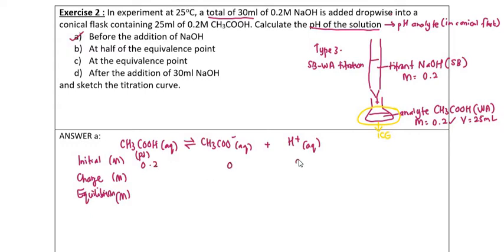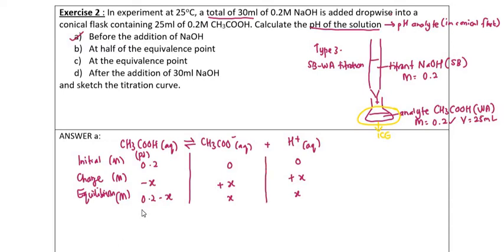Not yet produced. Change, this is unknown, that means you have to put an unknown here. Reactant negative, product positive. So the final equilibrium is 0.2 minus X, X and X here. This is your equilibrium row.